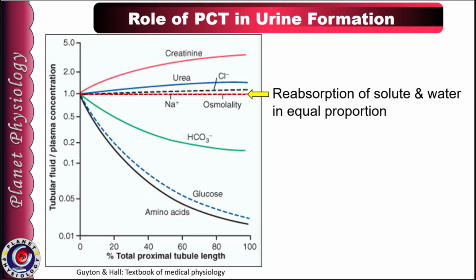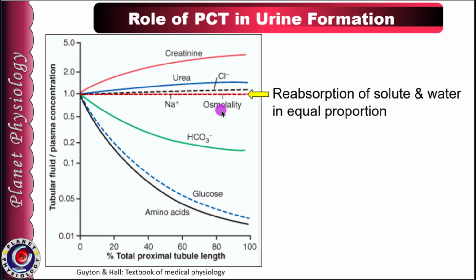This graph summarizes the various solutes processed by proximal tubule over its length. Ratio of concentration of solute in tubular fluid and the plasma is represented on y-axis. The ratio of 1 indicates equal reabsorption of solute and water, as indicated by this red dotted line. PCT reabsorbs equal quantity of sodium and water, and hence its ratio is 1, and the filtrate is isoosmolar throughout the length of PCT.